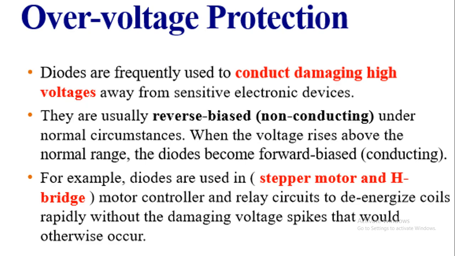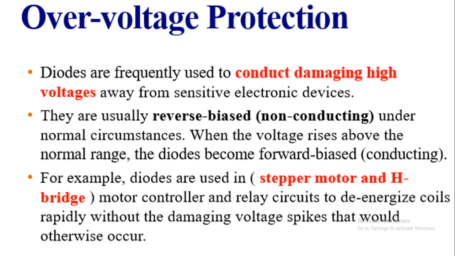Over voltage protection. This is the third type of application. Diodes are frequently used to conduct damaging high voltage away from sensitive electronic devices, protecting the sensitive and high cost electronic devices from damage. They are usually reverse biased, non-conducting, as in the case of the Zener diode.